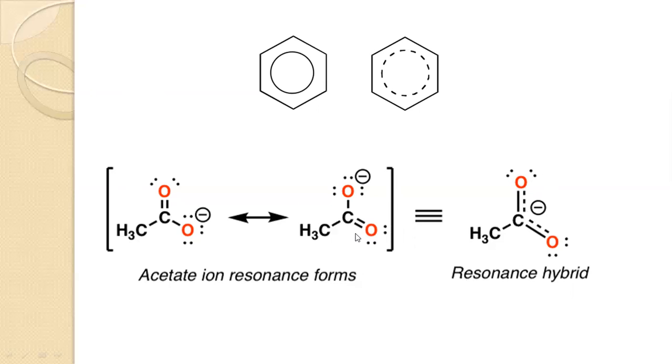The actual structure, which is a composite of the two structures, is called the resonance hybrid, and it is drawn using a dotted line to show that electrons are delocalized. The resonance forms are shown with a double-headed arrow between them, and the last one is the resonance hybrid structure, which indicates that the negative charge is delocalized over both oxygen atoms, so that each oxygen atom bears half of the negative charge, and this delocalization stabilizes the carboxylate ion.